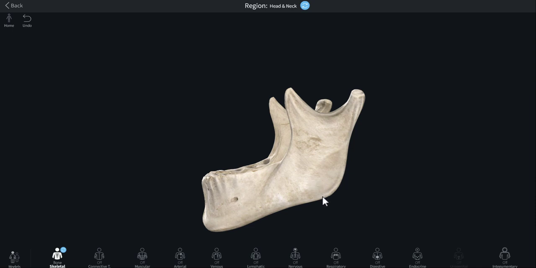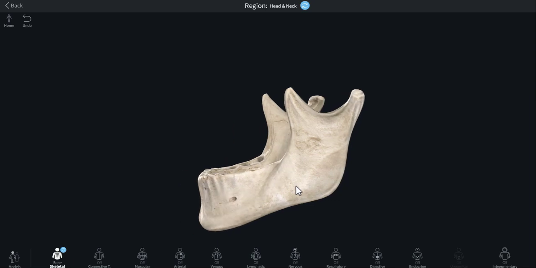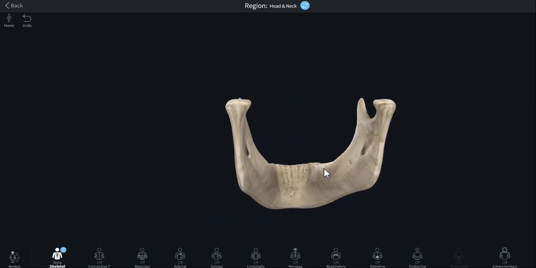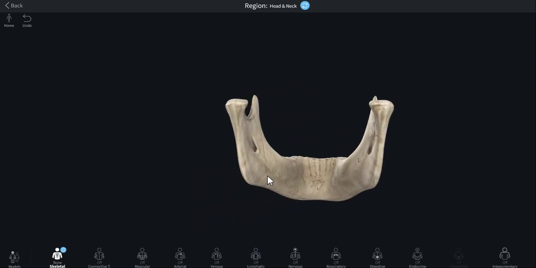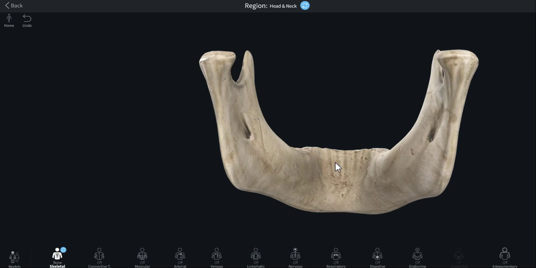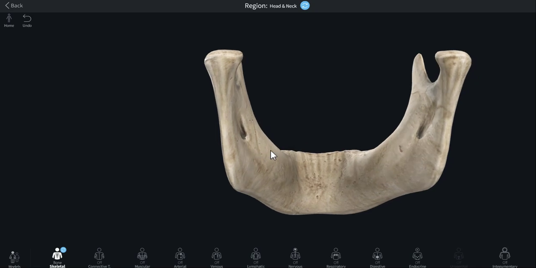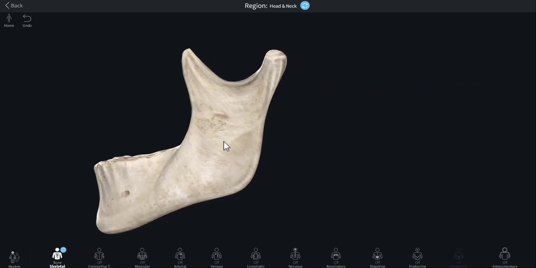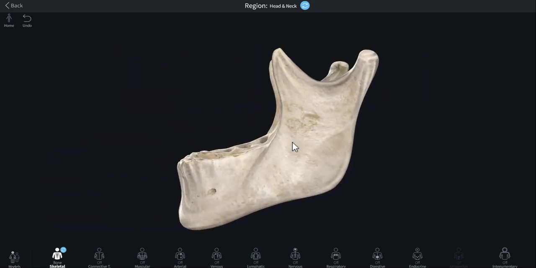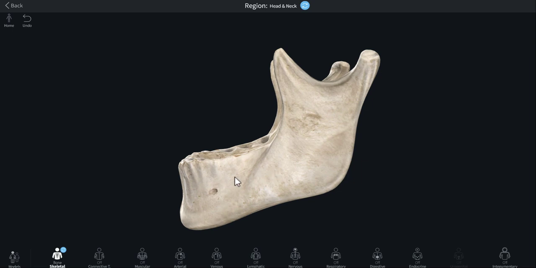All right. Now, having talked about the gross anatomical features of the rami, let's quickly talk about the external part, or the lateral surface, if you may. It's not actually known as the exterior part, like the body of the mandible was, but it's known as the lateral surface of the ramus.